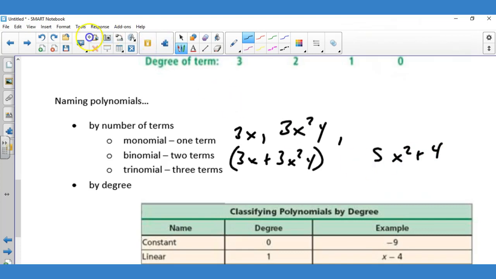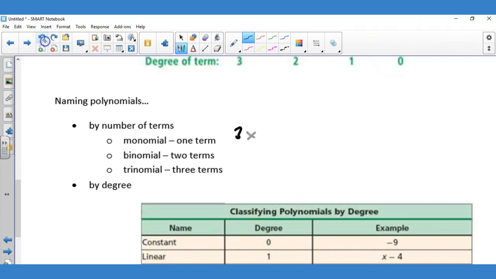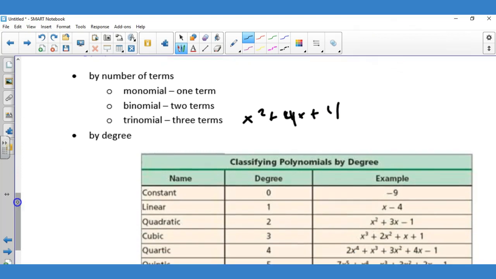And of course, 3 terms, guys, a trinomial. So x squared plus 4x plus 4, that's a trinomial. If you factor that, you'd have 2 binomials, but there you go, trinomial, 3 terms. 1, 2, 3.